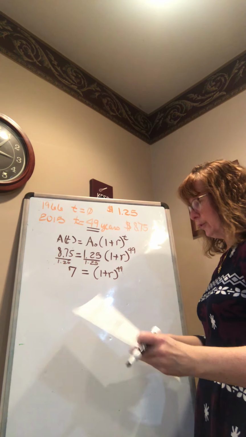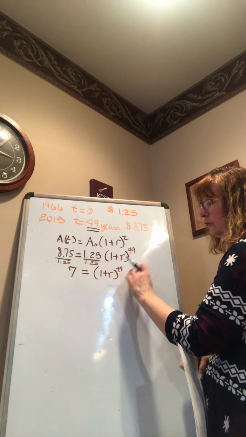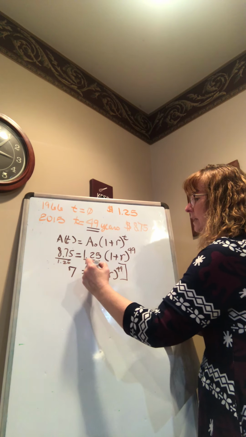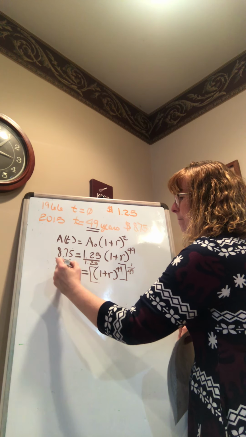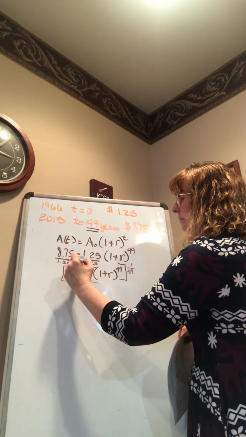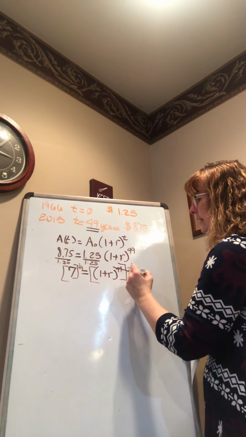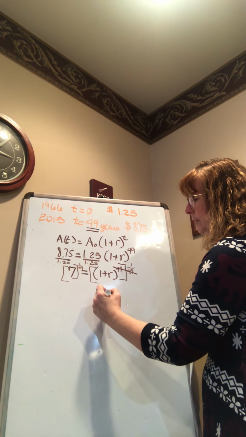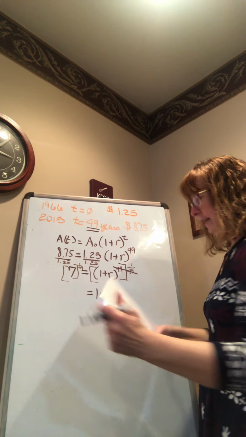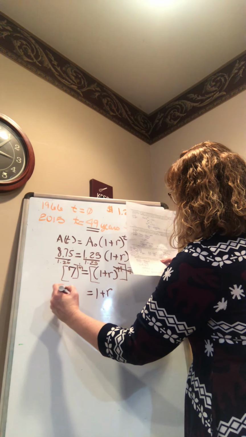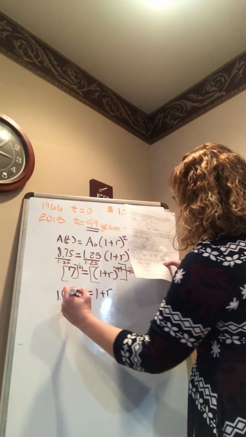And I want to cancel out an exponent, so this is going back to the exponent work, reciprocal again. These are going to cancel. Now I get my 1 plus my rate, and 7 to the 1/49th power is 1.0405.